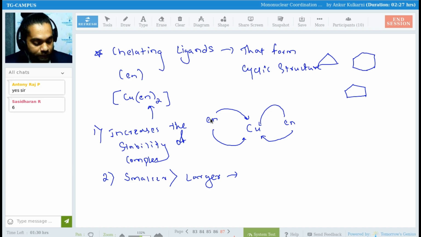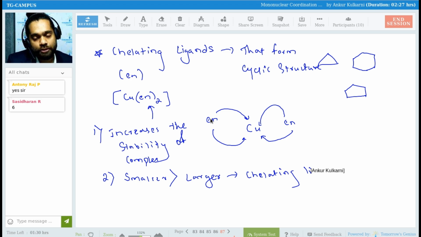Are you getting it, everyone? Come on, give me yes or no. If one ring has a smaller atom and one ring has a larger atom, obviously the one with the smaller atom will be more stable because it is giving you less strain.